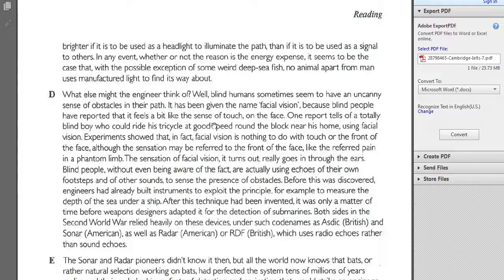Now what I need to do is I need to read carefully this section of the text where I think the answer will be. This is called close reading. So the IELTS exam is testing your ability to first get the overview, to get the big picture, and then they're testing your ability to find the basic paragraph and location where you believe the answer is, and then read carefully.